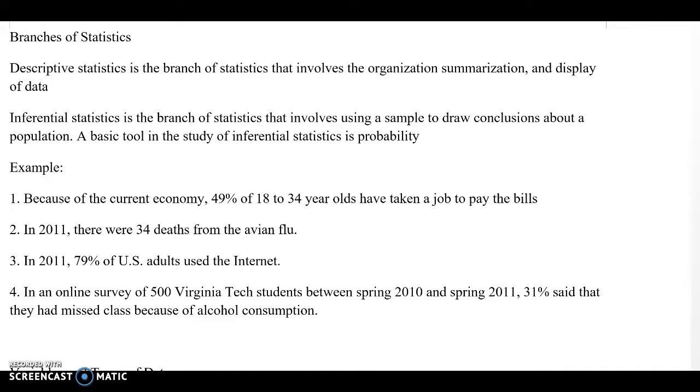Inferential statistics is the branch of statistics that involves using a sample to draw a conclusion about a population. A basic tool in the study of inferential statistics is probability.